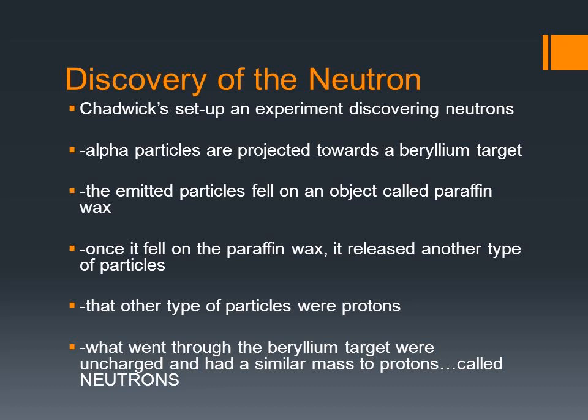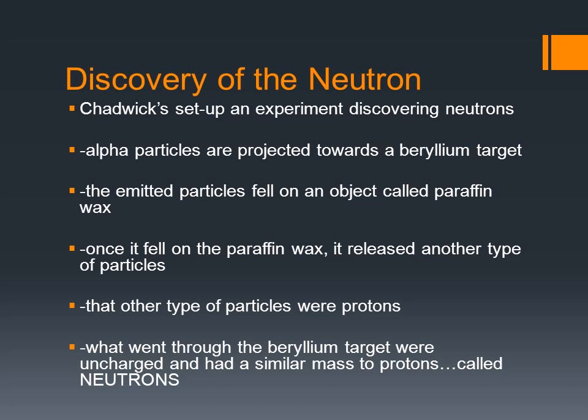Have you understood, children? Properties of neutron. These particles were not found to be deflected by a magnetic or electric field, proving that they are electrically neutral, because charged particles are deflected by an electric or magnetic field.